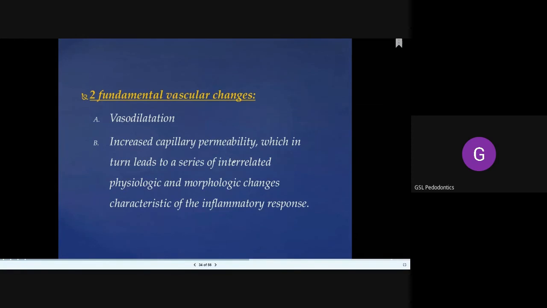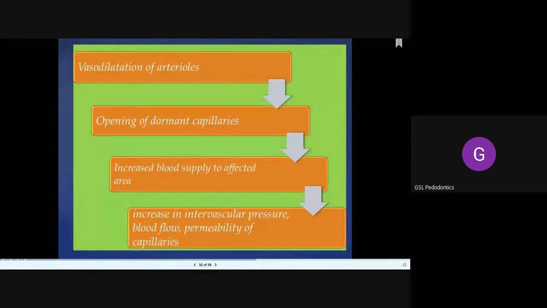This leads to a series of interrelated physiological and morphological changes. Vasodilatation will open the dormant capillaries, which leads to increased blood supply to the affected area and raises the intravascular pressure, blood flow, and permeability of the capillaries.